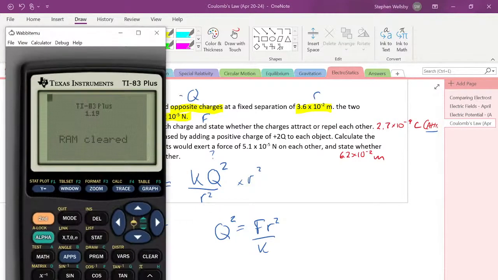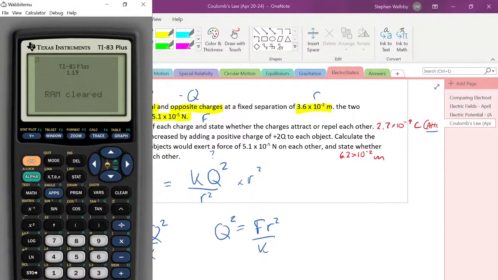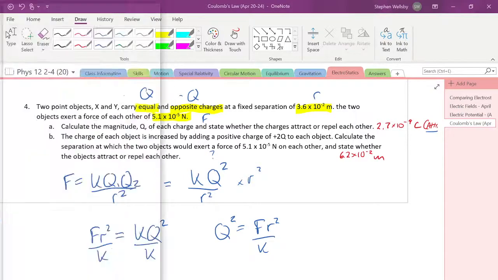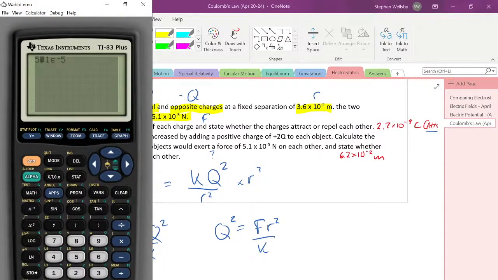And if we go to calculate this out, then I'm going to have the force, which is 5.1 times 10 to the negative 5. So 5.1 times 10 to the negative 5, and we're going to multiply that by R squared, which is 3.6 times 10 to the minus 2, squared.